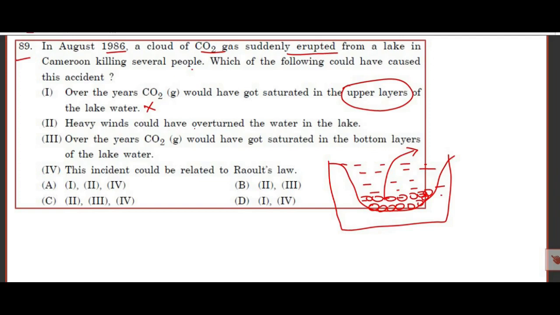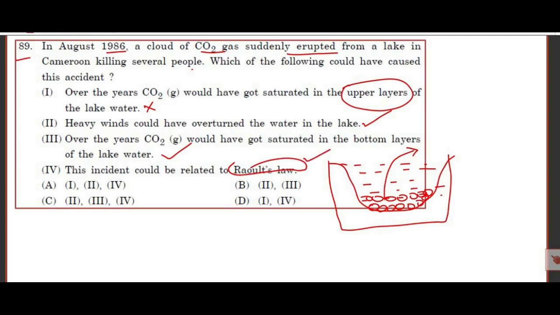Heavy winds could have overturned the water in the lake. It is the right answer. Over the years, carbon dioxide could have got saturated at the bottom layer. Yes, it is saturated at the bottom layer. Answer 3 is also correct. This incident could be related to Raoult's law.